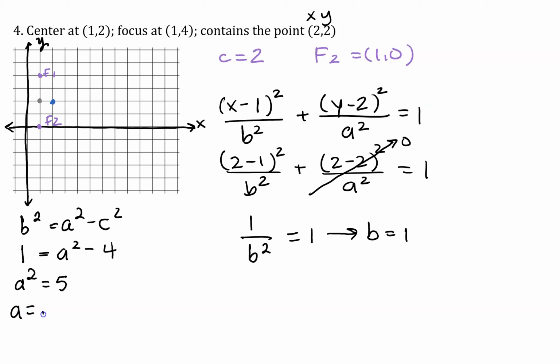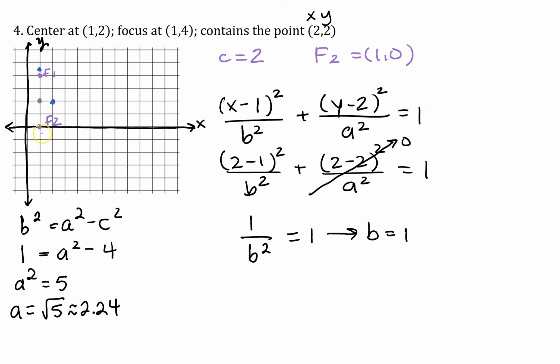And so our little a is equal to the square root of 5, which is approximately 2.23. Well, approximately 2.24.